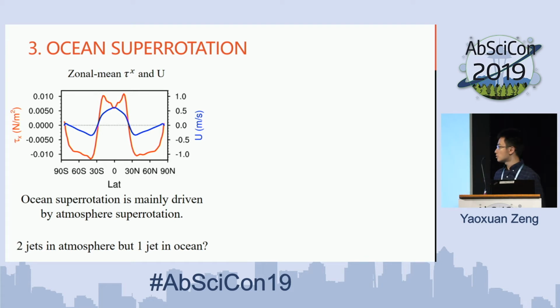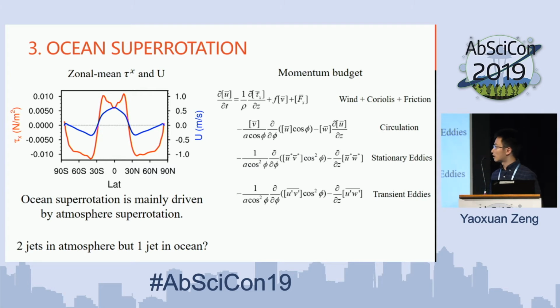In order to answer this question, we did a more careful analysis of the momentum budget using the zonal mean time-averaged zonal momentum equation. And we divided the advection terms into mean circulation, stationary eddy, and transient eddy momentum transport.